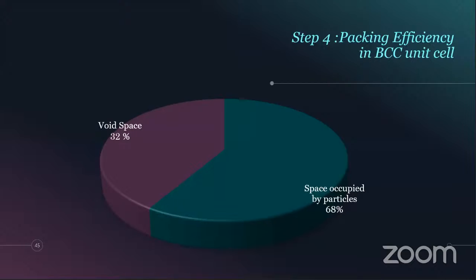Packing efficiency simply means how well you pack the atoms close to one another. If we pack the atoms very close to one another, the packing efficiency will be high. In that case, obviously, the void space will decrease. Therefore, when we came from SC to BCC, the void space has decreased. That means the packing efficiency has increased.